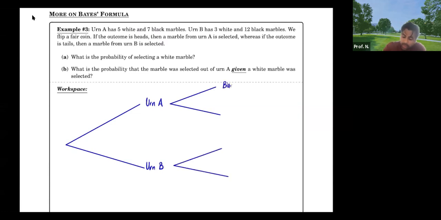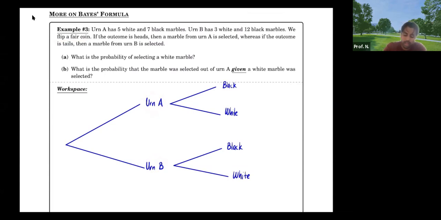Again, so black, white, black, white. Now, they just made an additional little thing about flipping a fair coin. So if I flip a fair coin, if it's heads, select urn A. If I flip a fair coin and it's tails, select urn B. And because it's a fair coin, either side, heads or tails, occurs with equal chance, right?